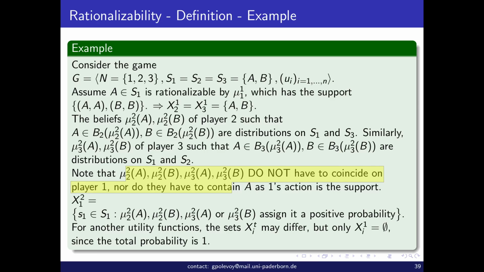They don't have to contain the action A, which we began with, which is rationalizable, as an action of player 1 in the support. So player 1 can rationally act according to some belief, which eventually is based on some belief which does not assume that player 1 acts like that. It's only required that at any stage, what I do is the best response with respect to the next stage of nesting, and what the next stage does is also a best response with respect to some other stage of nesting, and it can go infinitely long.